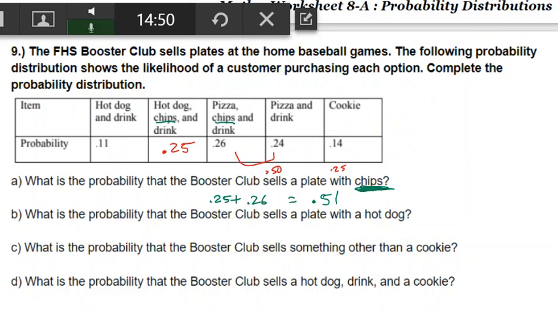Oh, let's go that route. All right, with a hot dog. Well, there's the hot dog, there's the hot dog, and that's it. So it's basically 11 plus 25. 36.